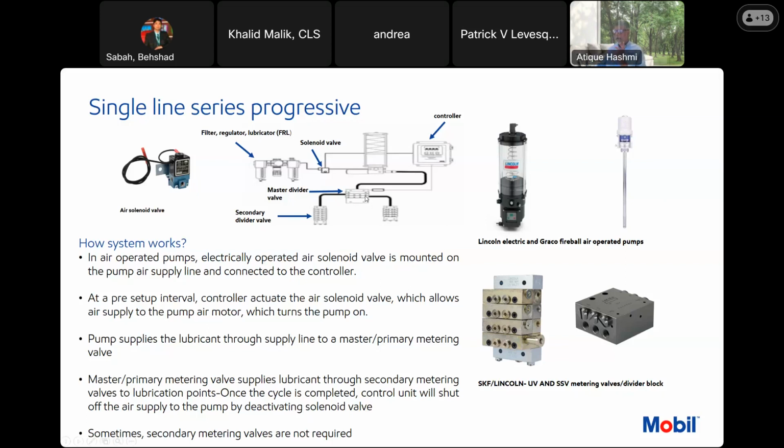This is a master divider block, and it will dispense lubricant to the secondary divider blocks, and they are connected. And the reason is that, for example, you have, let's say, 22 pins and bushings to lubricate, or the bearings to lubricate on an excavator. So you cannot install just these divider blocks or injectors at one place.